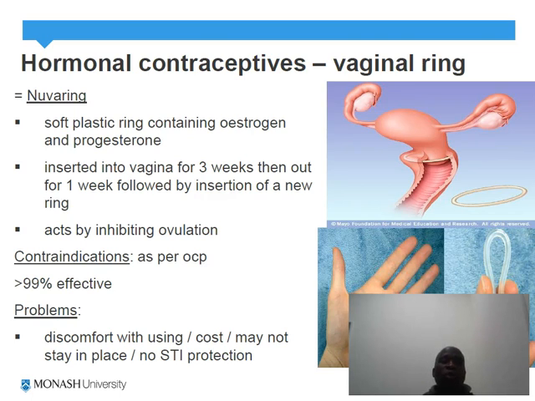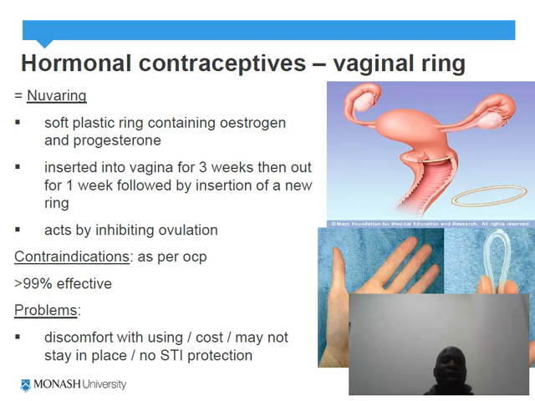Then let's move on to the next contraceptive called the vaginal ring. Also, it's called NuvaRing. NuvaRing is basically a generic name for such a therapy.